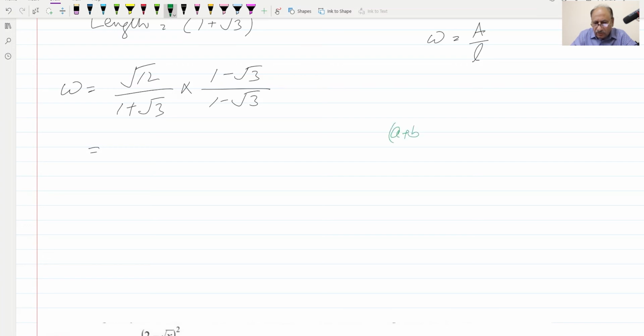A plus b into a minus b will be equal to a squared minus b squared.